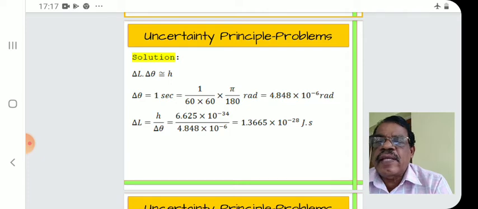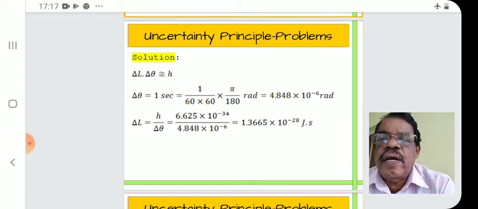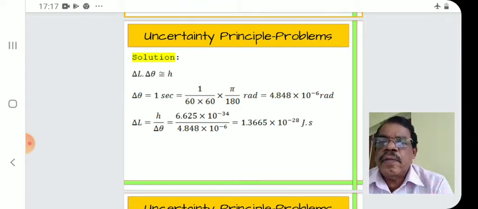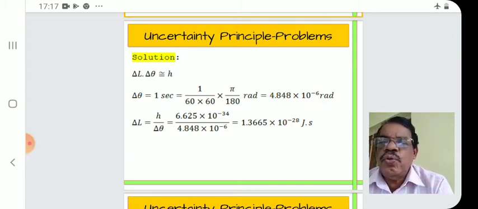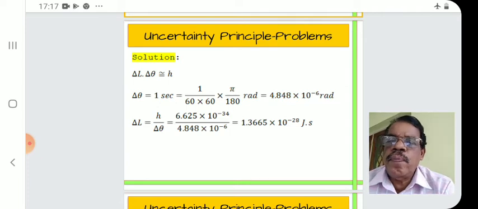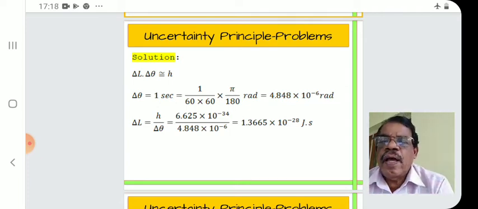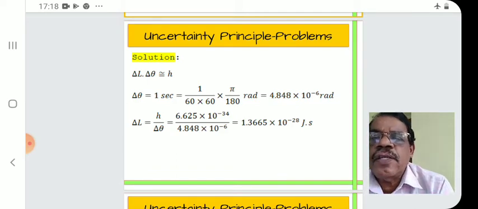Delta theta is 1 second of angle, and we have to convert it into radian. At first we convert it into minute, then into degree, and then into radian. 1 degree is pi by 180 radian. So 1 by 60 into 1 by 60 into pi by 180 radian.